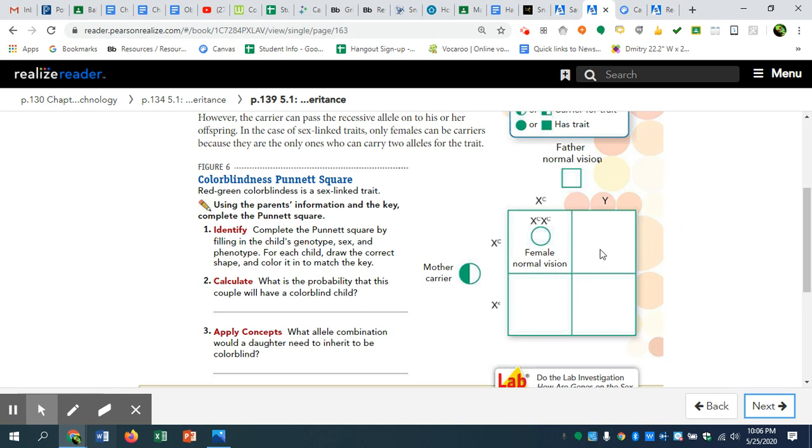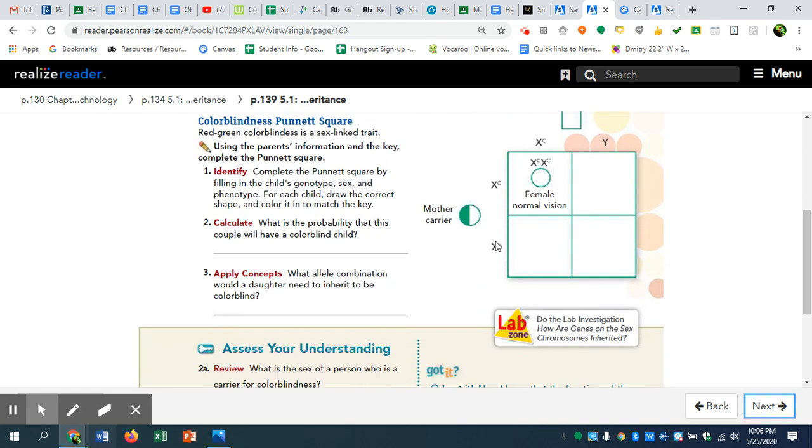So really for number 1, you're just going to watch me do the Punnett square, and you're going to be writing down numbers 2 and 3 for figure 6 in your activity. Okay, so C means carrier, okay? Oh, I'm sorry, capital C means it's the healthy, normal vision, okay? Capital C. And the lowercase c is a carrier. So let's do our Punnett square here.